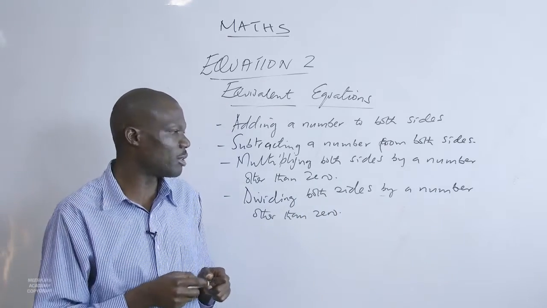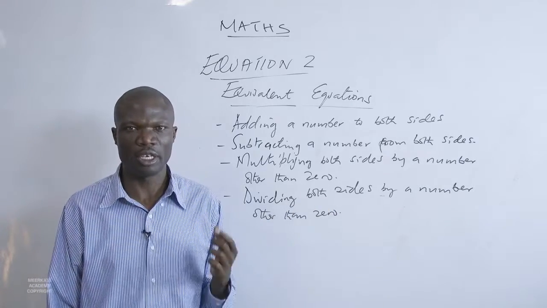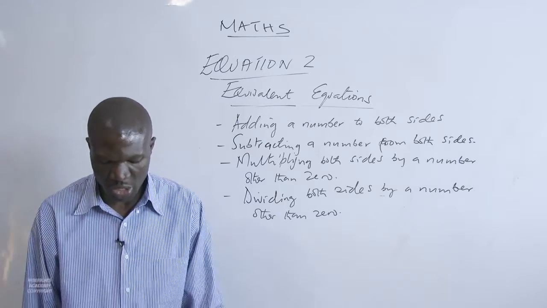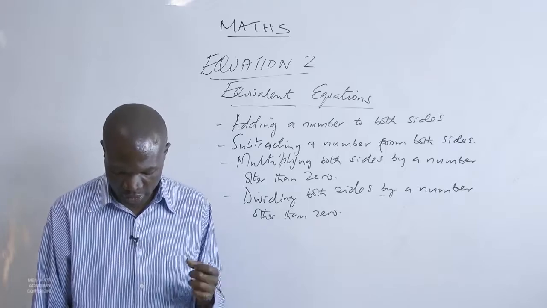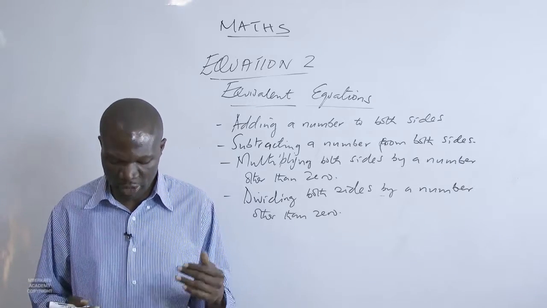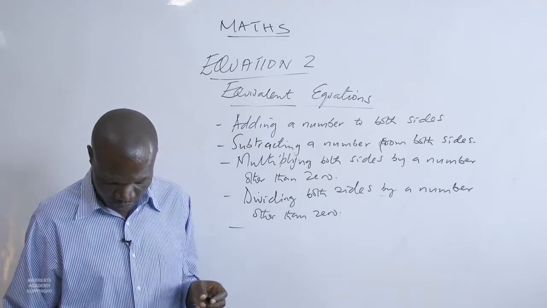Dividing both sides by a number other than 0. Again, that one you will be working out to have equivalent equations.